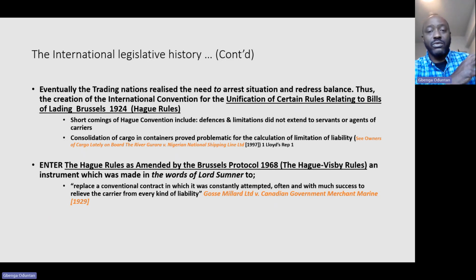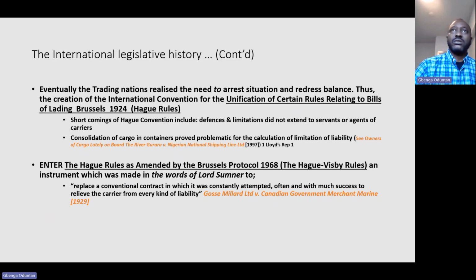So the owners of the ships, the ship-owning class, made sure that they could exempt themselves from a lot, including even their own errors, even their own negligence, even their own mistakes.